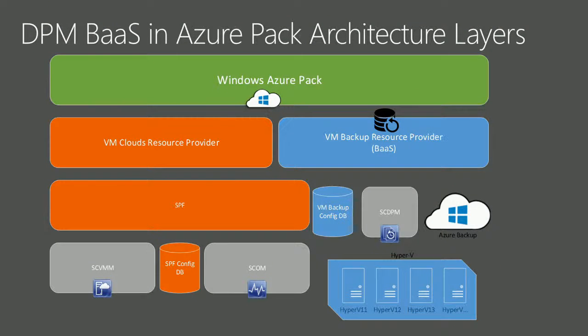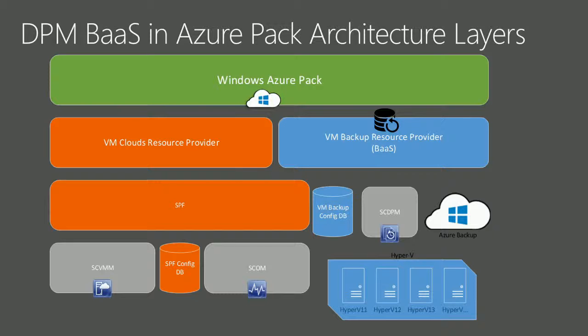So now, we talked about the components. Let's look at the architecture layers. At the top layer, you have Azure Pack. On the second layer, you have the BAAS resource provider, but you also have the VM Clouds resource provider. How many of you are familiar with Azure Pack or are using it today in your environment?